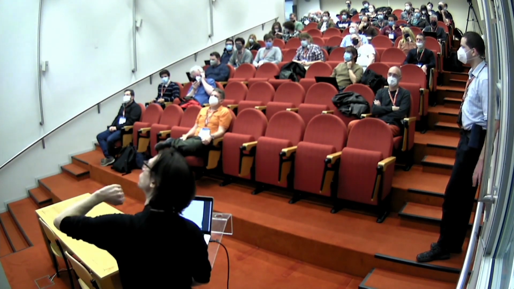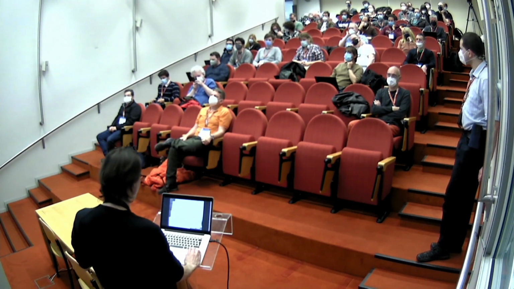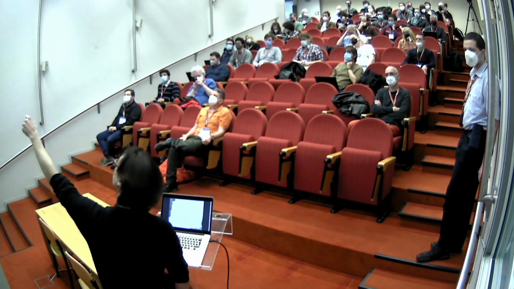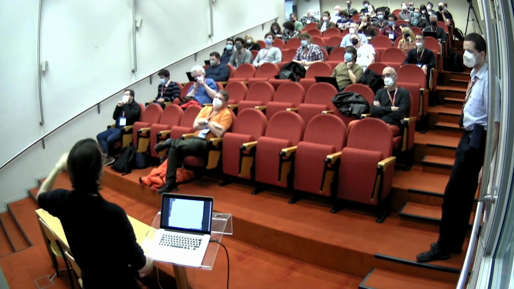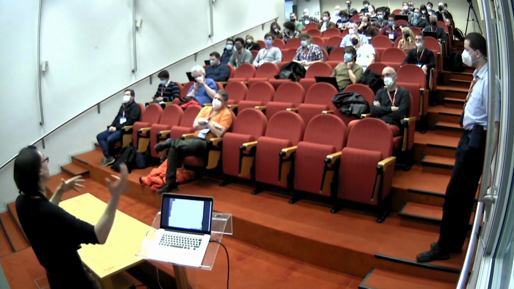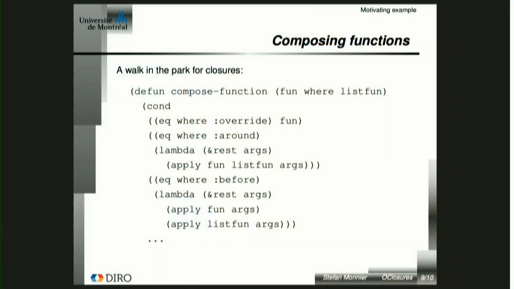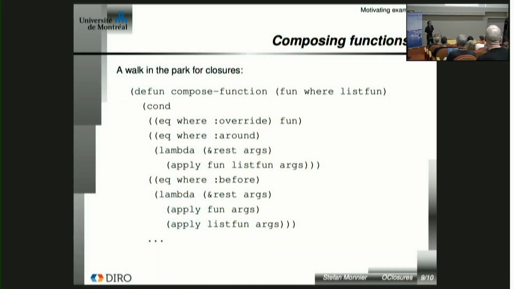So the override one is somewhat special because if you look at the way you would implement it when you compose, you completely forget the original function because you completely override. You just replace the old function with the new one. Well, you don't have anything to continue afterwards, so there's no need for any continuation. So in this version, it's really efficient, but then you can't remove fun because you can't remember what was the old one.